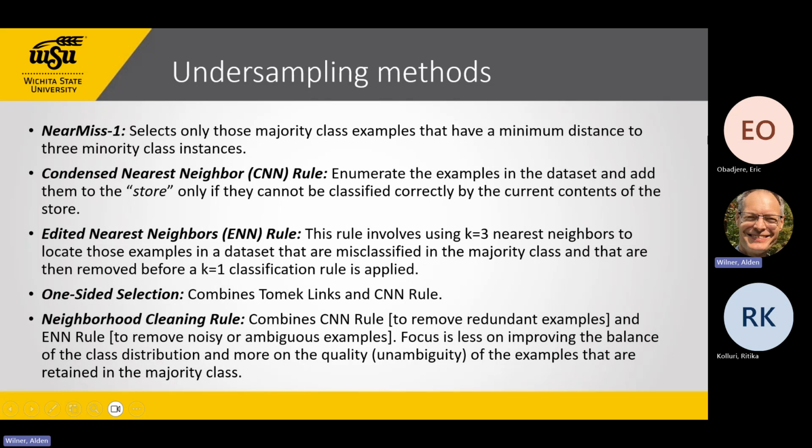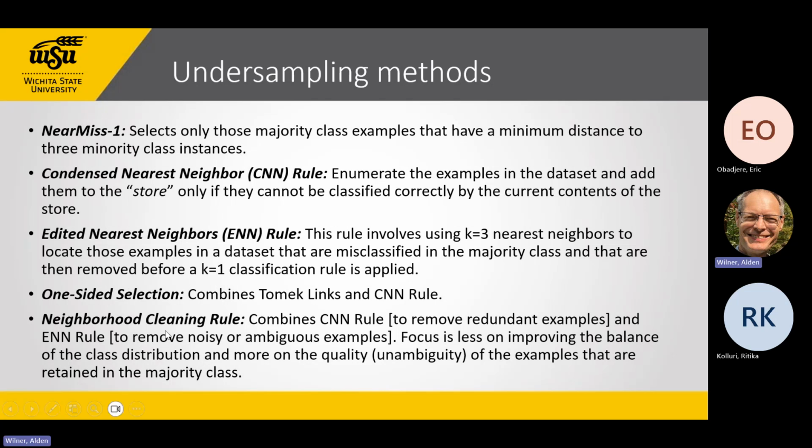Edited nearest neighbors rule. We're using three nearest neighbors, or another similar number. Locate those examples that are misclassified in the majority class, and then we remove those before we do a k=1 classification rule. One-sided selection combines the Tomek links and the condensed nearest neighbors rule.